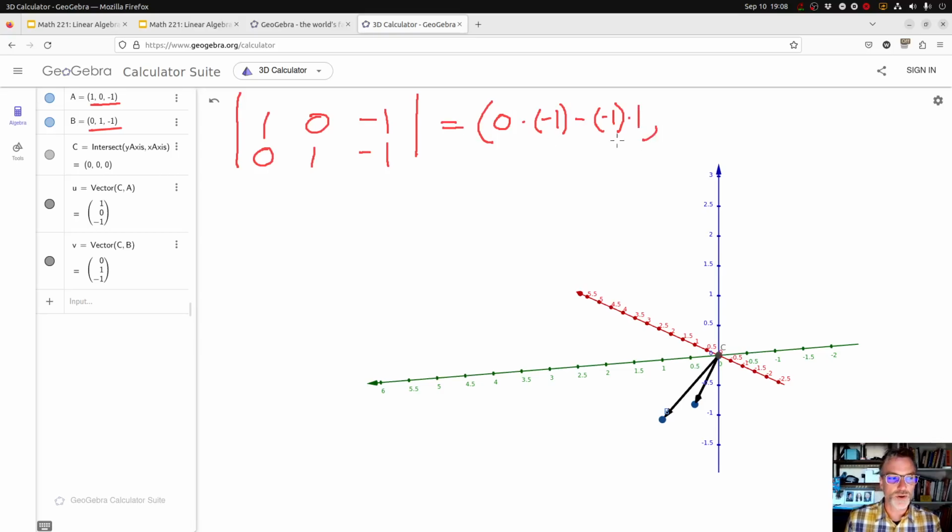That's the first component of this vector. Now the second one comes from ignoring the middle column and doing that cross multiplication with those other four elements. So I'll go 1 times negative 1, and then I'll subtract negative 1 times 0.